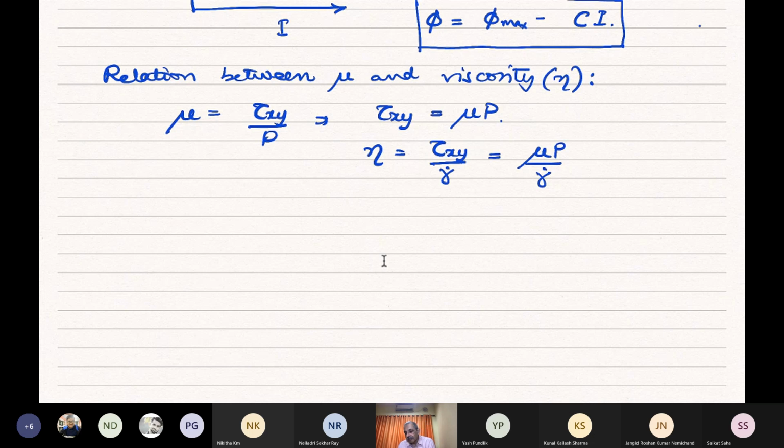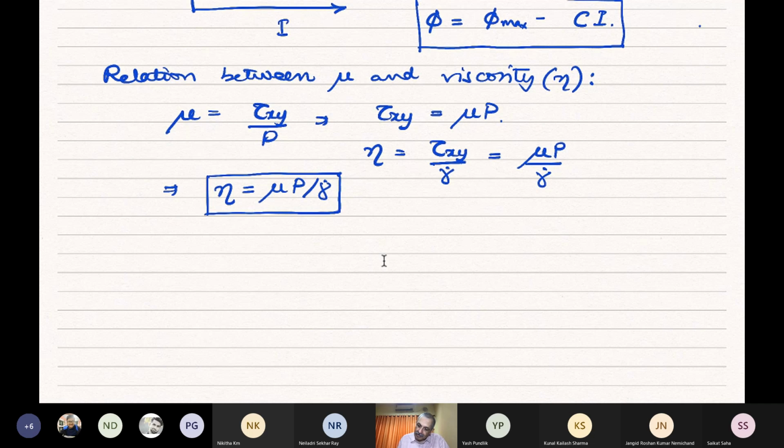So now here you have the simple thing that if you are given mu, then you can easily calculate the viscosity. So the viscosity is just mu p divided by gamma dot, where gamma dot is a shear rate. Okay. So this is the relationship.